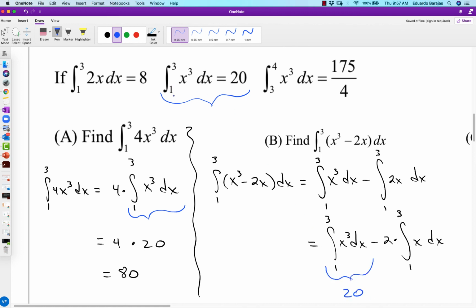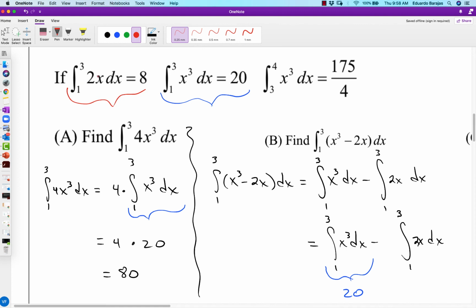It's this integral from 1 to 3 of x cubed dx. And, oh, actually, I shouldn't have pulled out that 2, since the integral of 2x dx equals 8. I should have been paying more attention. This is just going to be the 2x. Let's leave it alone. And now that whole thing is equal to this guy.